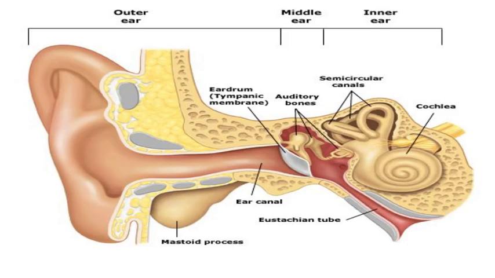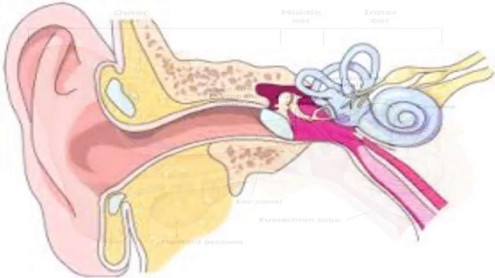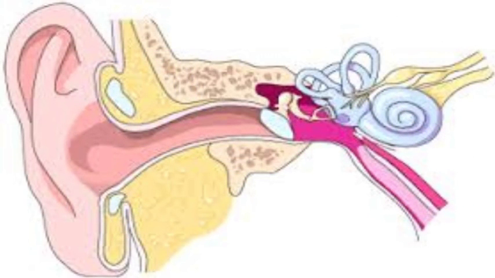The ossicles are the malleus, hammer, incus, anvil, and the stapes, stirrup. The stapes is the smallest named bone in the body. The middle ear also connects to the upper throat at the nasopharynx via the pharyngeal opening of the eustachian tube.